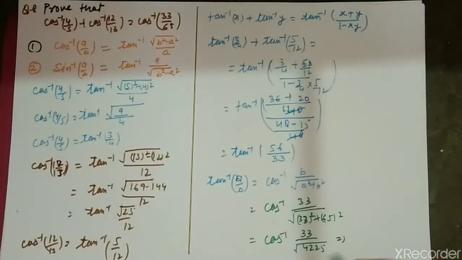So we get what? Finally cos inverse 33 upon 65. That is our answer. We move to the next question now.